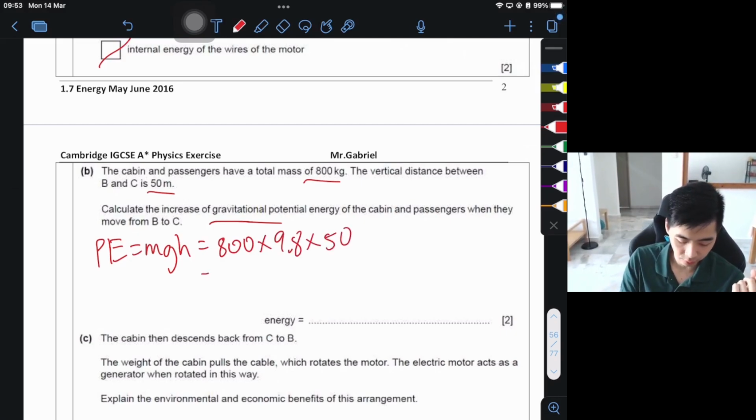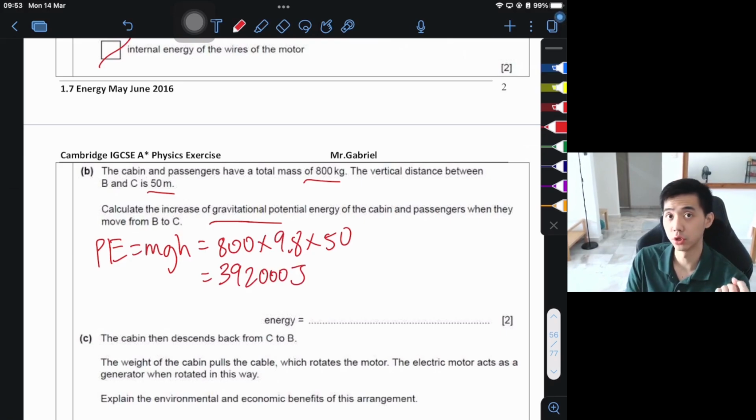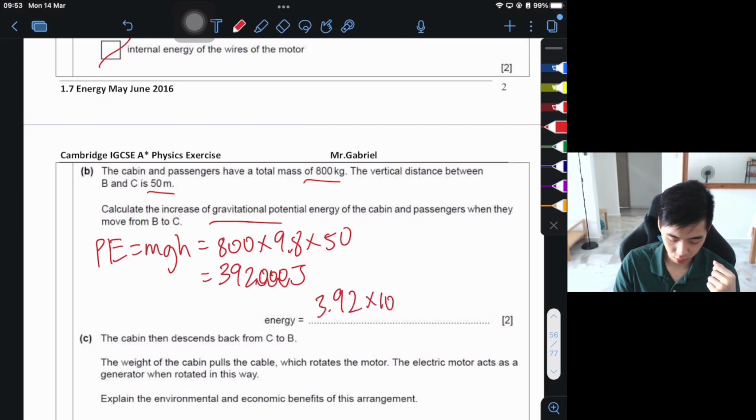So if you press all of this into the calculator, 800 times 9.8 times 50, you'll get a total amount of energy of 392,000 joules, which we always change into standard form, which is going to be 3.92 times 10 to the power of 5 joules here.